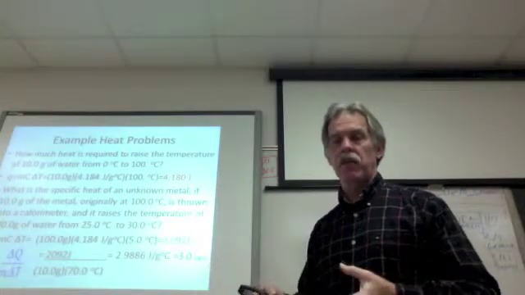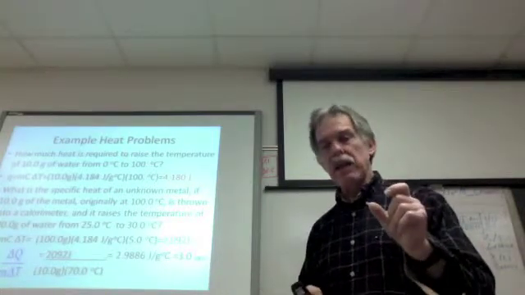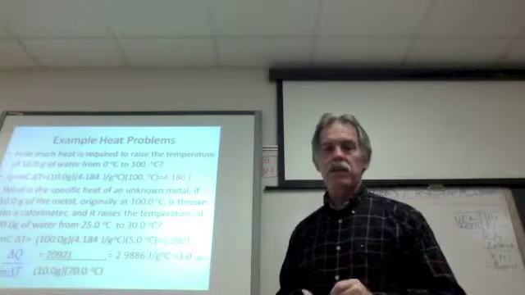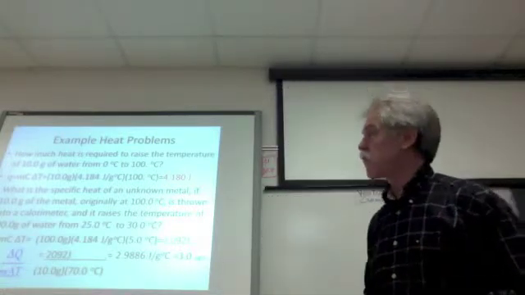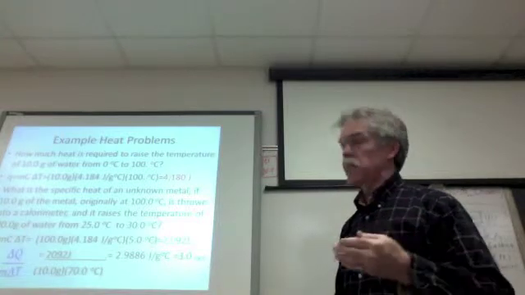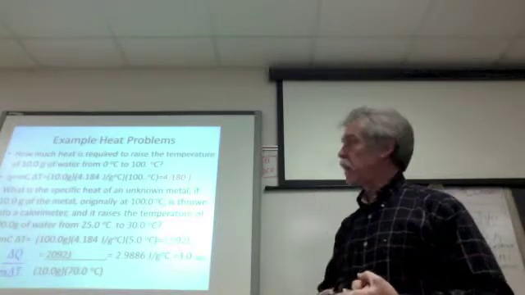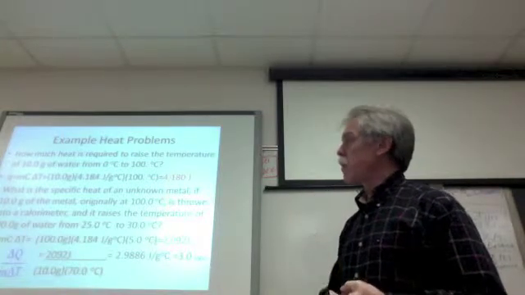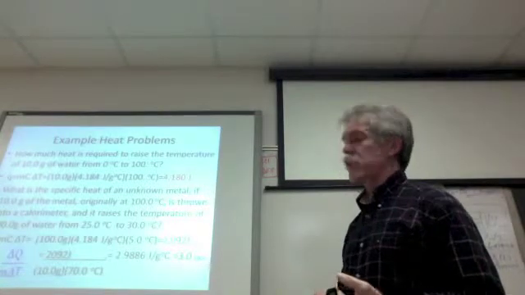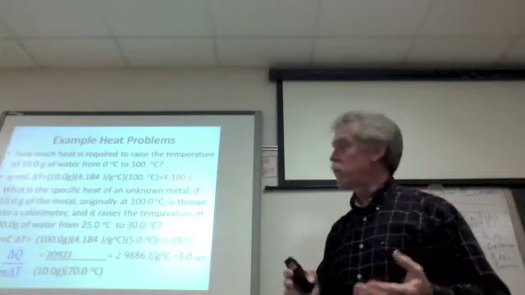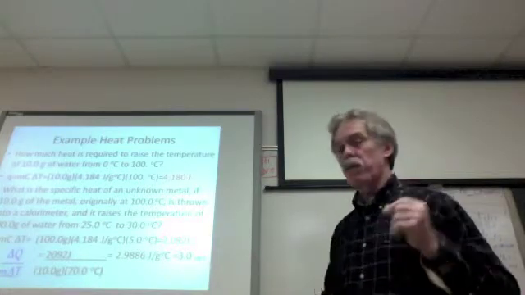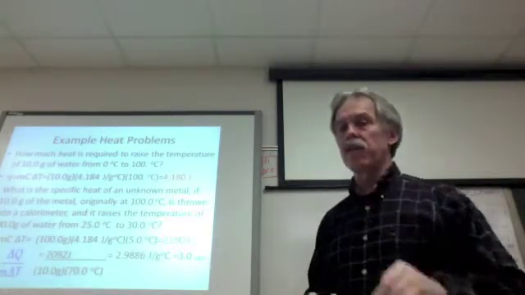That's the specific heat of water. The letter C is specific heat. That's one that you need to be aware of so that when you use that formula, you know what it stands for. So we've got Q equals MC delta T. That would be 10 grams times 4.184 joules per gram degree Celsius times 100 degrees change, because it goes from 0 to 100. Multiply all that, we get 4,180 with 3 significant digits.